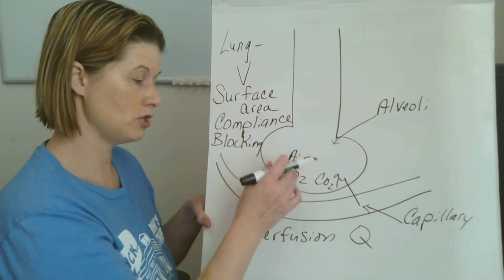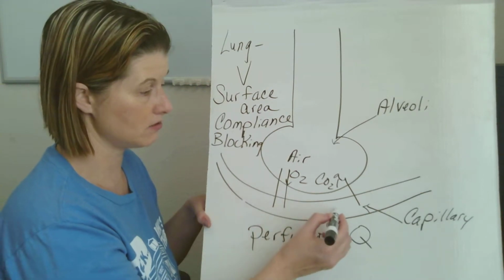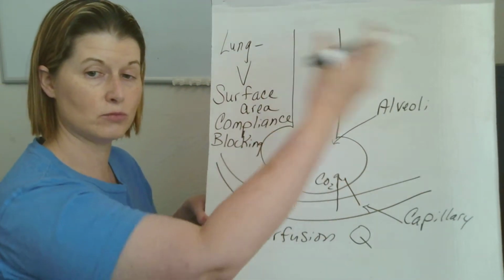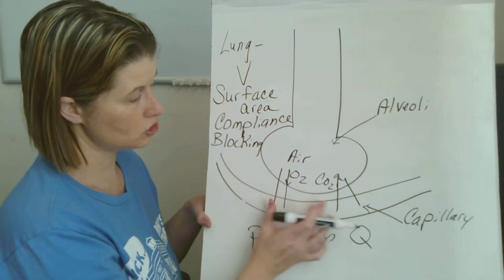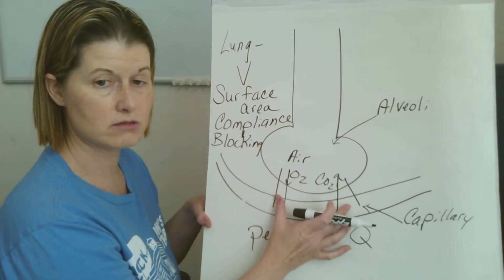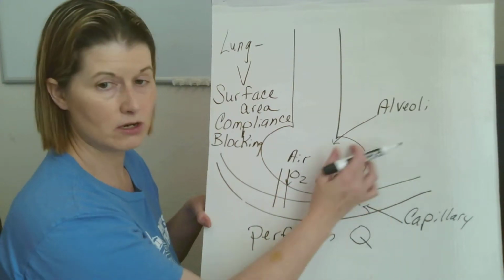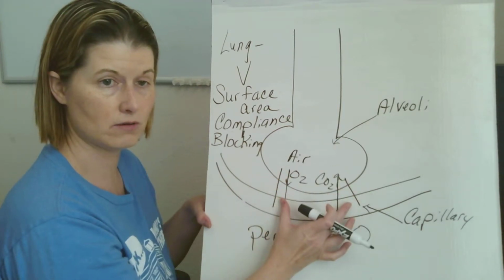It's going to put oxygen into the bloodstream, and it's going to take the CO2 from the bloodstream to blow it out. But we talk about surface area. It's only going to exchange where the capillary is next to the alveolus. So it's not going to exchange over here, it's not going to exchange over here. It's only going to exchange in this area here.